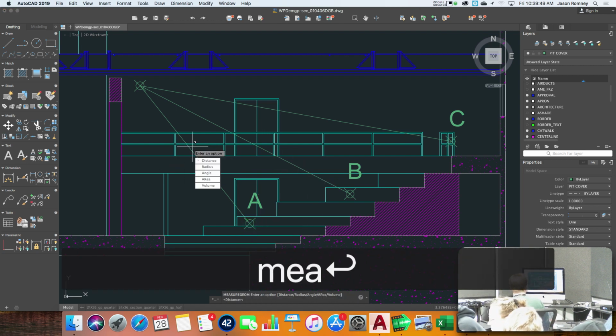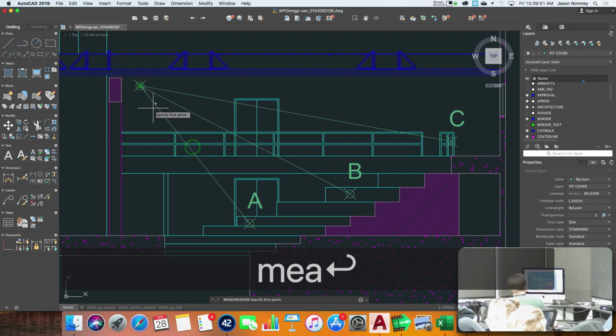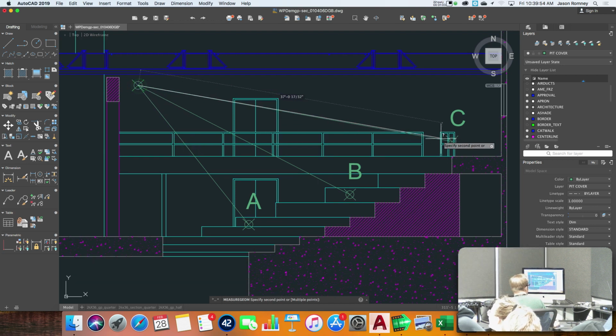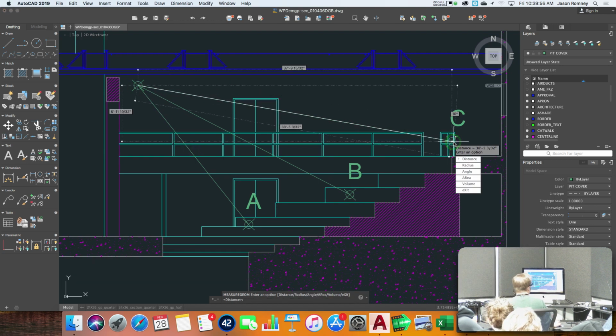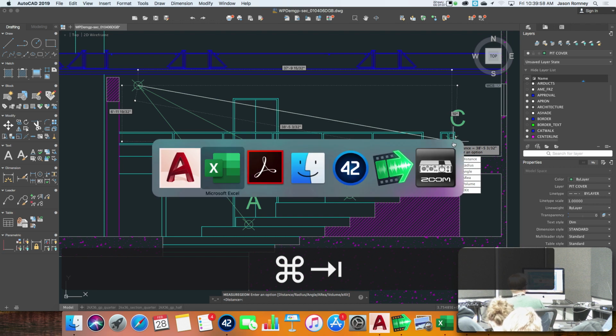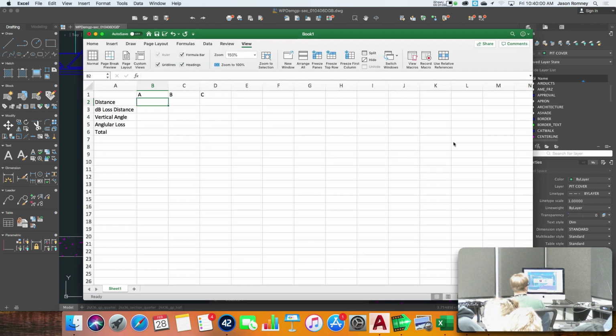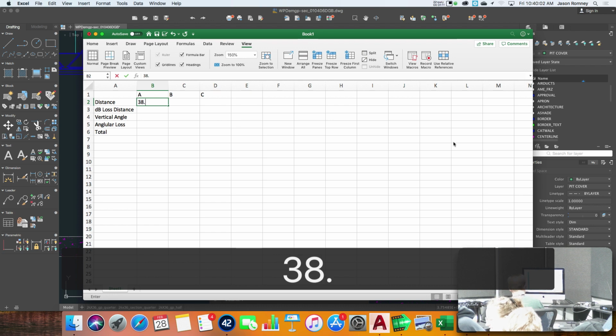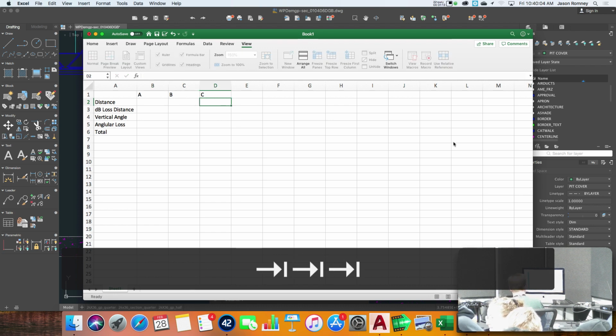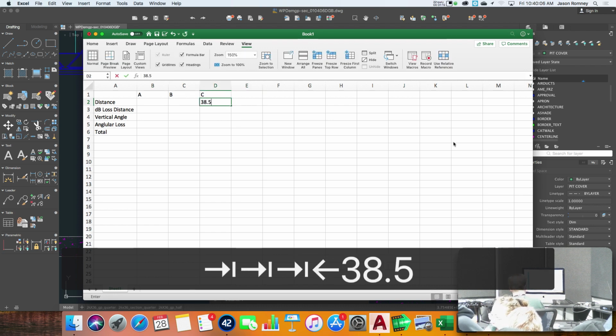Distance to C is 38 feet, 5 3/30 of an inch. So I'm going to call that 38.5 feet. Can anybody have violent objections to that assessment?